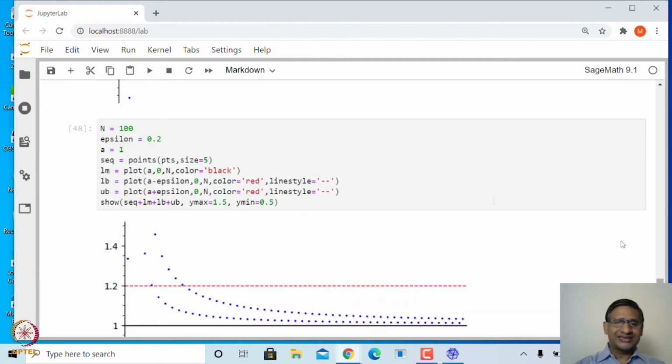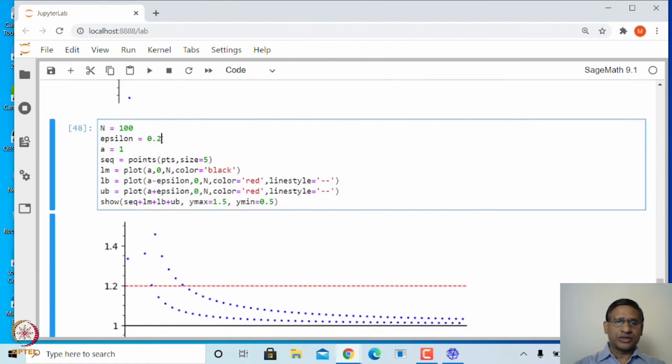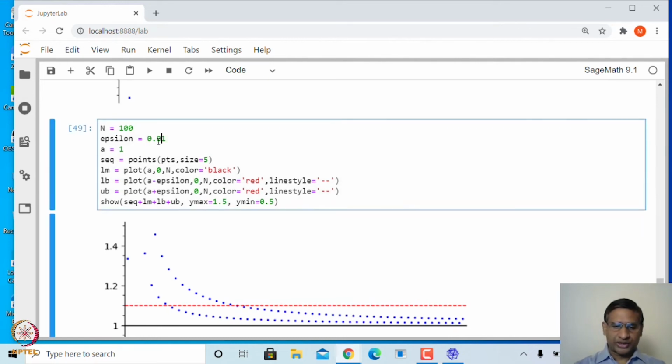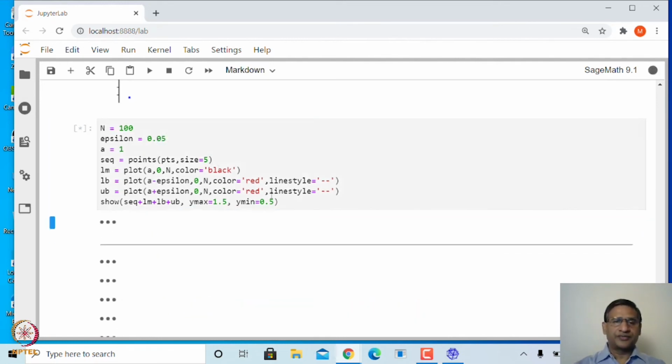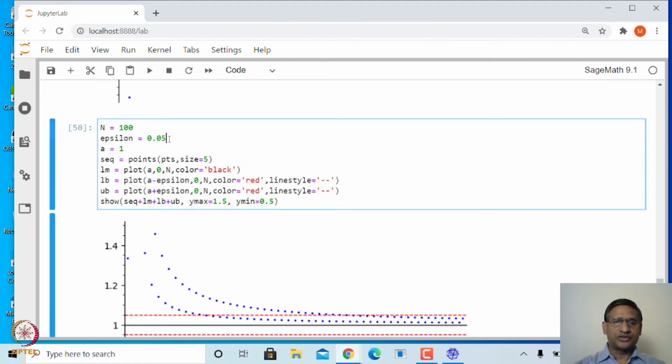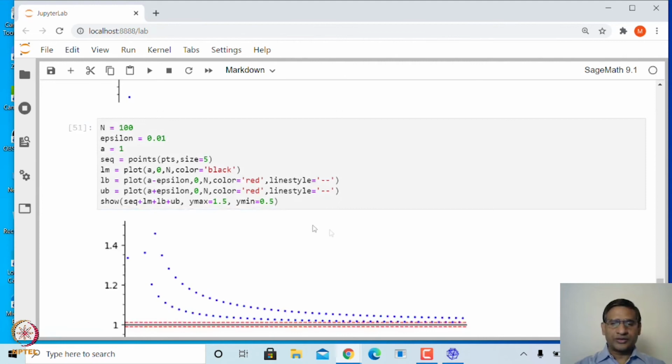However, if I decrease the band width, so let us say 0.1, then you will see that the point after which the terms go inside this band has increased. Okay. If I decrease this further, then it is not even going inside, right.